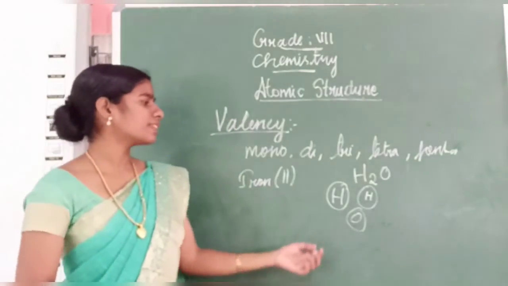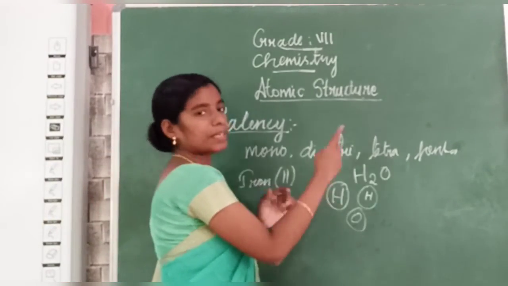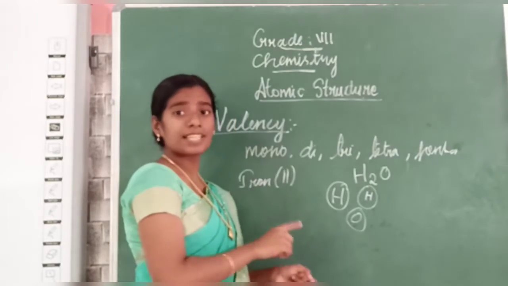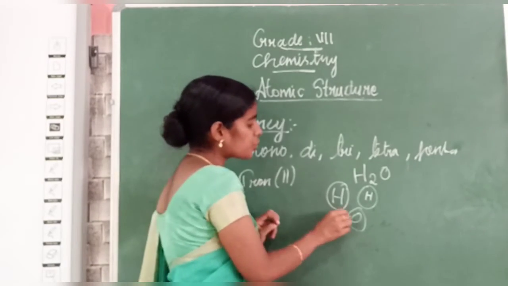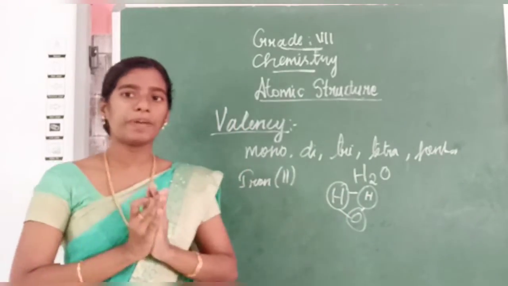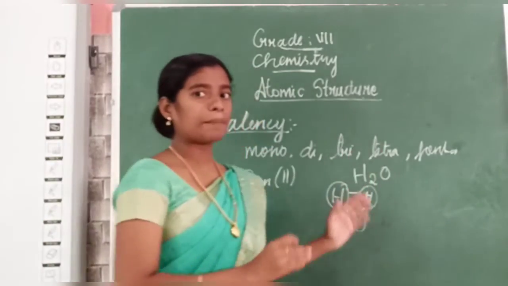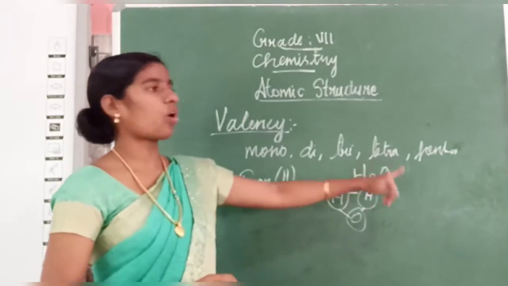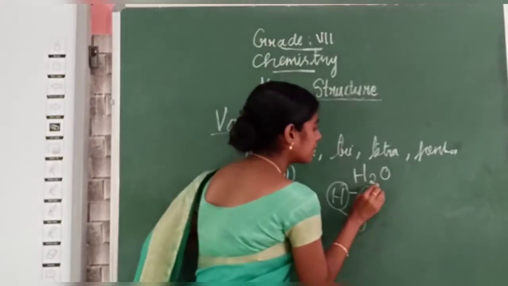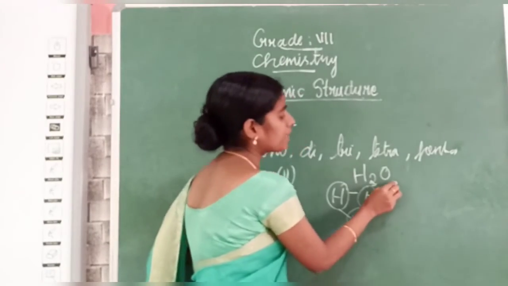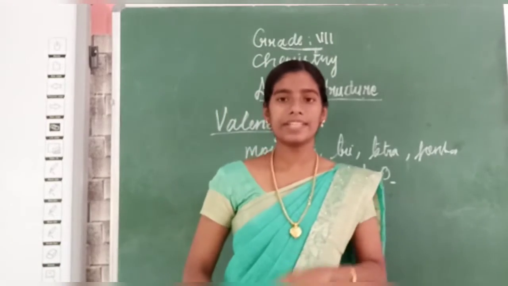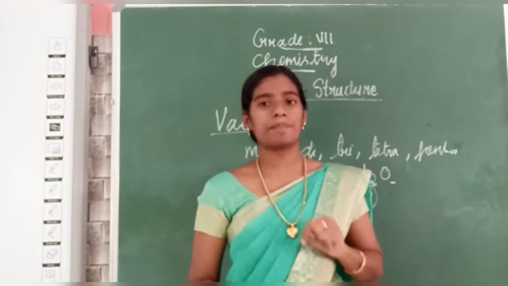When you draw like this, it is a hydrogen atom, it is a hydrogen atom, it is an oxygen atom. To make this as water, this should combine together. How many atoms this hydrogen needs and how many atoms this oxygen needs is called its valency.